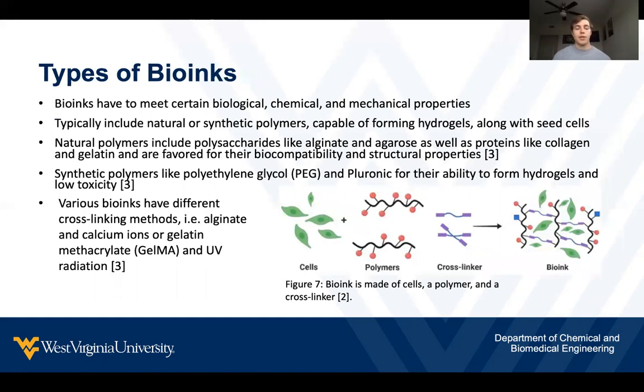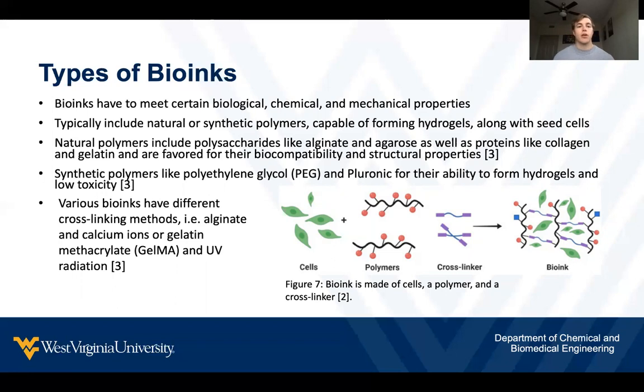For the different types of bioinks that are used, I mentioned this before, they have to meet certain biological, chemical, and mechanical properties so that they can replicate tissue. This can be done using either natural or synthetic polymers. Typically these polymers are capable of forming hydrogels, and that in combination with the seed cells allows them to replicate tissue.